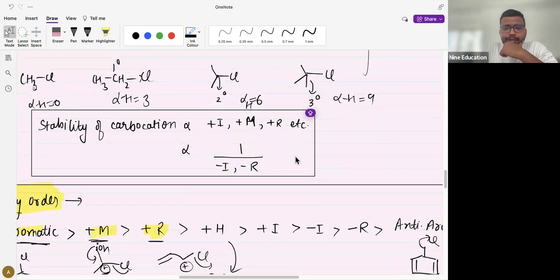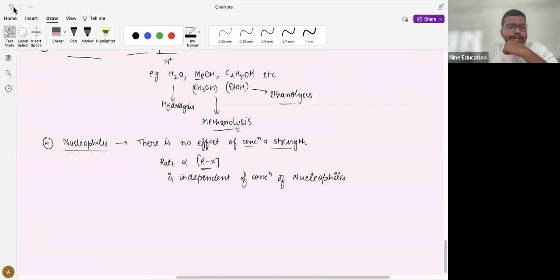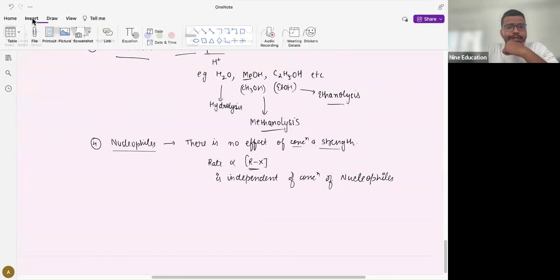So the last thing I am telling you is the difference between SN1 and SN2 reactions, which we will write. What is the difference between SN1 and SN2? And with this, our class for today will be over.